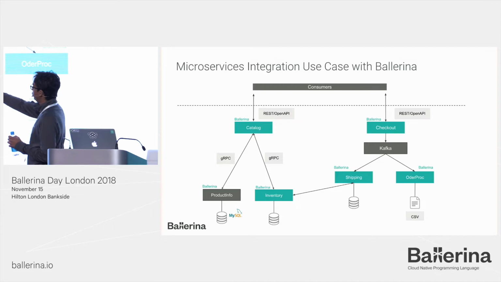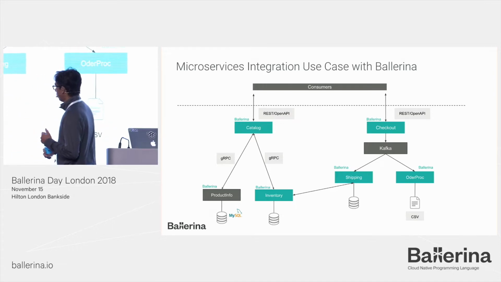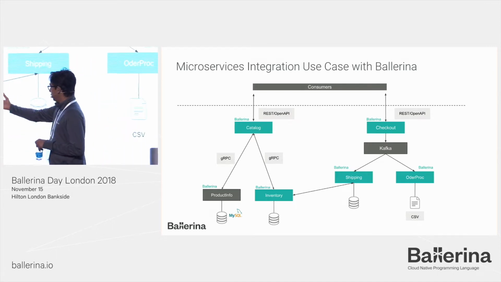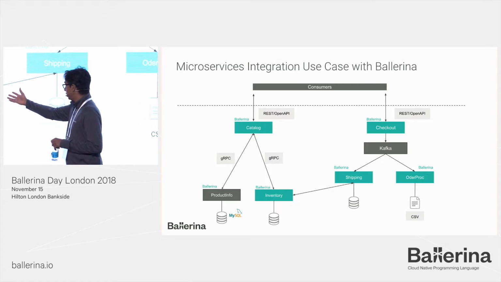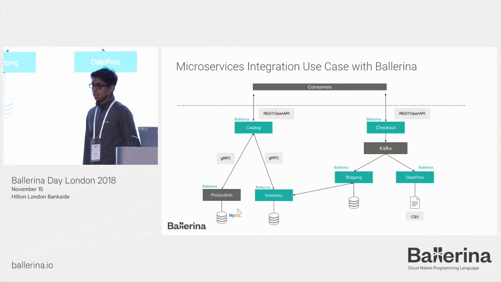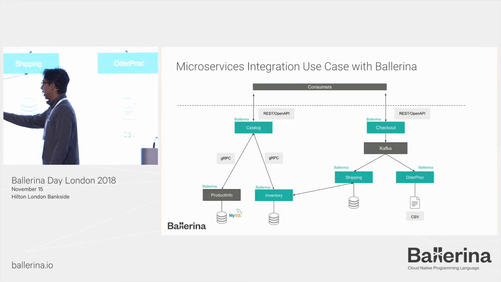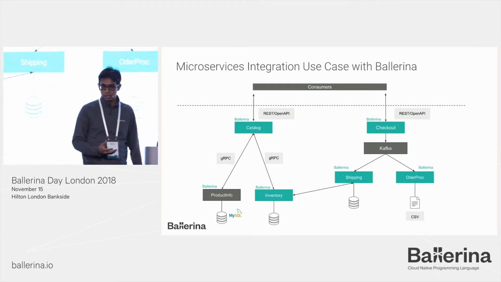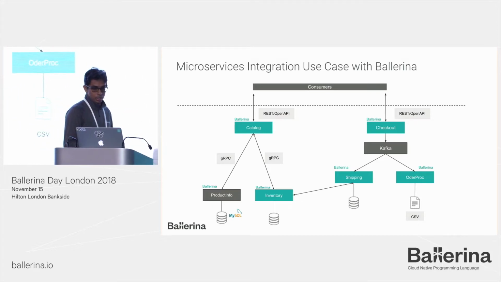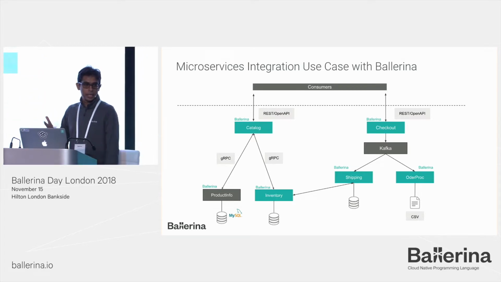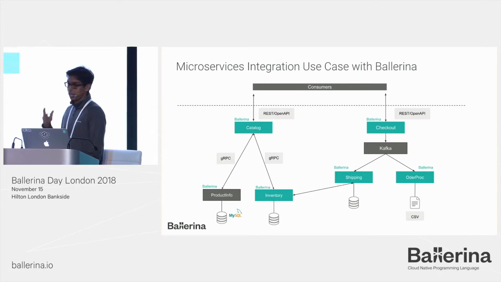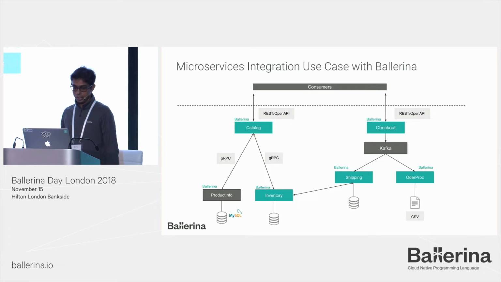So here we have used gRPC in this use case. And obviously, these services can have their own databases, and the databases can be based on different technologies. You can use MySQL, MongoDB, or, depending on your service's requirements, select whatever database type you want.